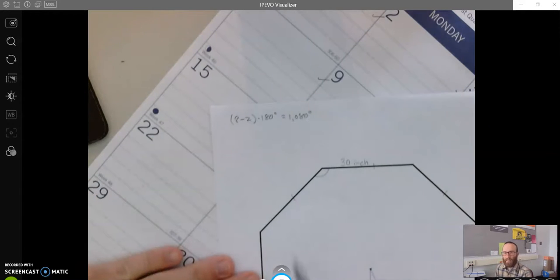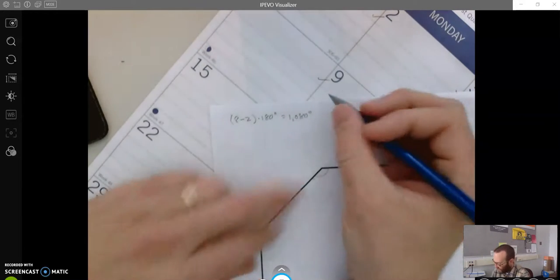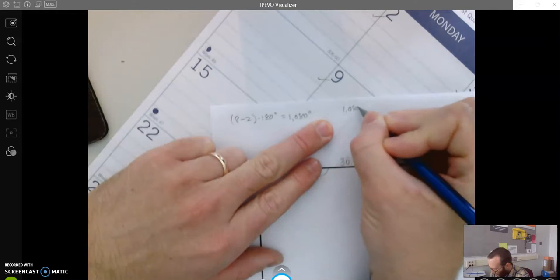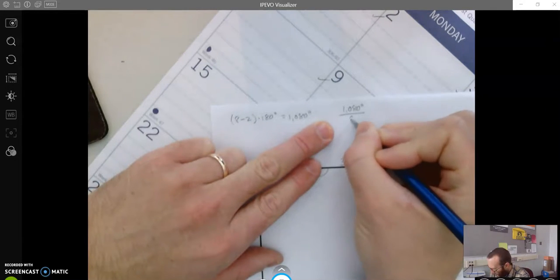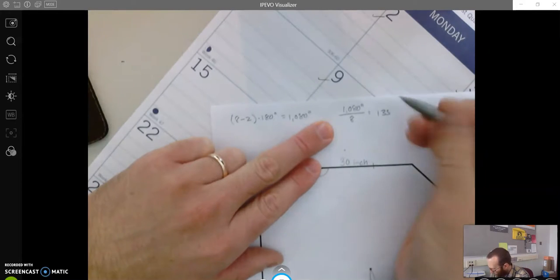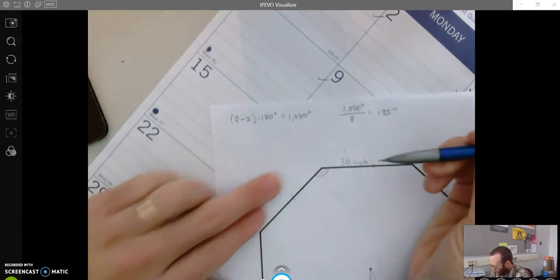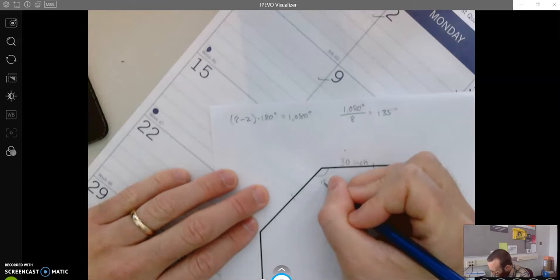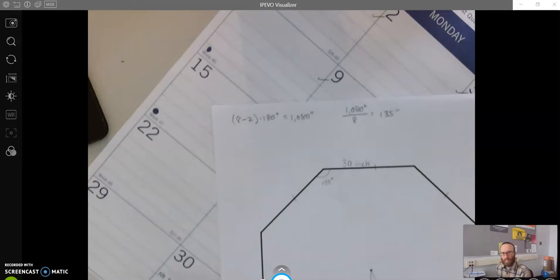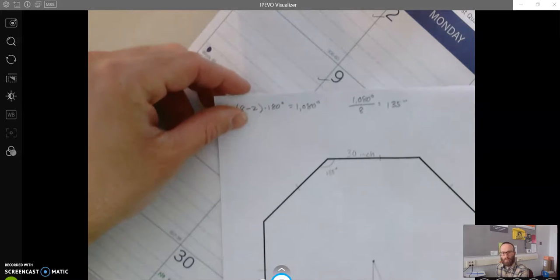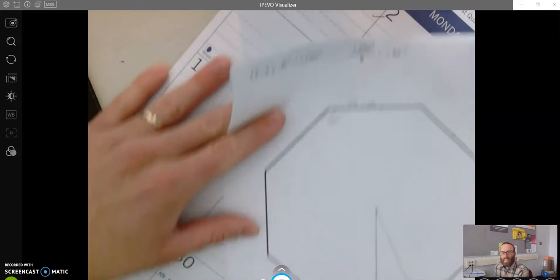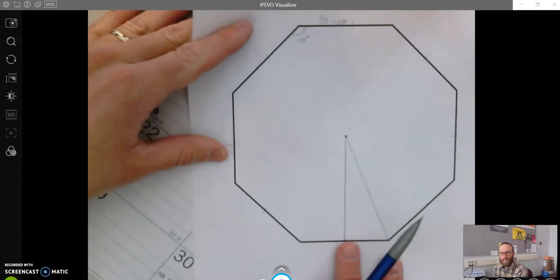That is the sum of the interior angles. Because there are 8 of them, I'm going to take 1,080 divided by 8 and get 135. Meaning that this angle and the 7 others are all 135 degrees. We know that to be true about octagons. That's going to help us as we start to look at this triangle here.